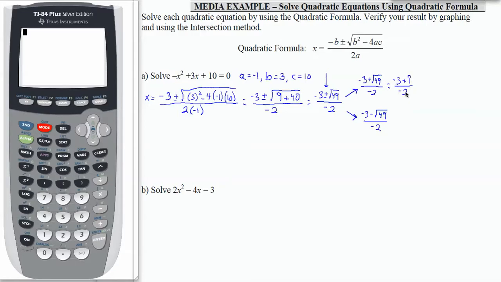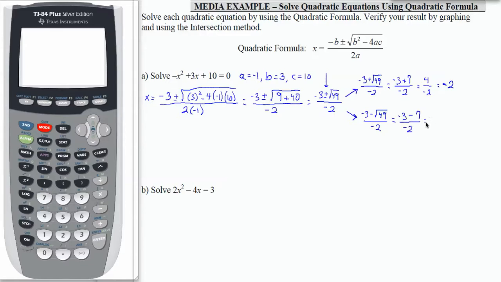Well, the square root of 49 is 7, so this becomes negative 3 plus 7 divided by negative 2. Again, notice the fraction bar goes all the way across. Negative 3 plus 7 is 4, divided by negative 2 is negative 2. Looking at the second one, negative 3 minus the square root of 49, which is 7, divided by negative 2.